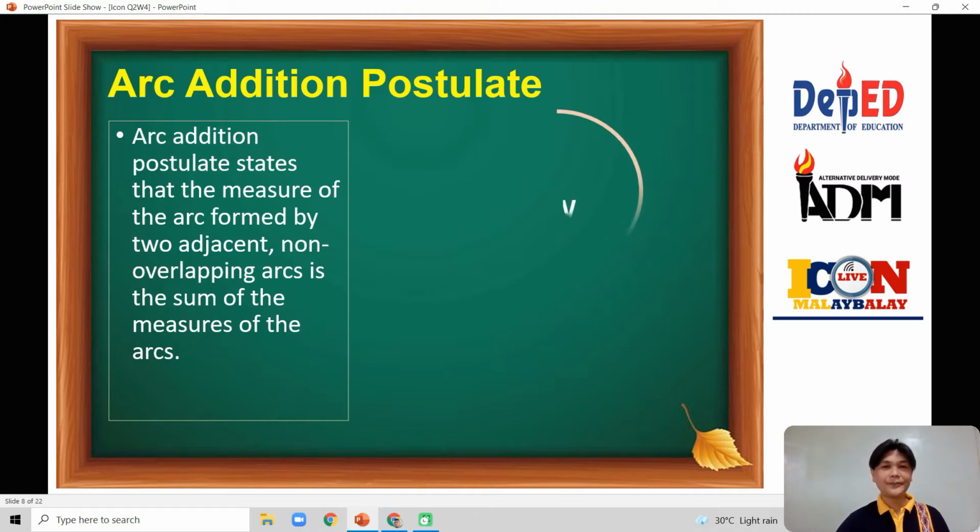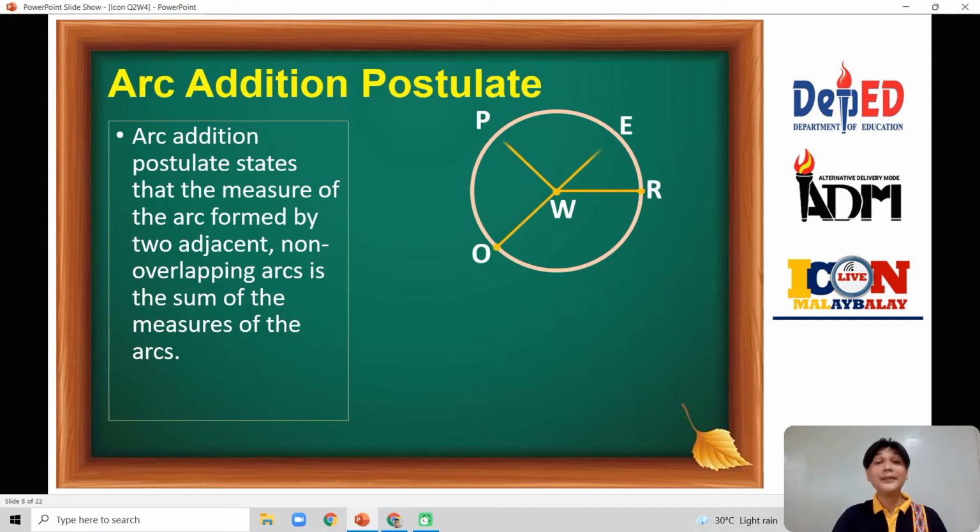Example, we have a circle W having a number of arcs and a number of central angles. Now, we have the measure of arc OP, which is 95 degrees, the measure of arc PE is 85 degrees, and the measure of arc ER is 30 degrees.